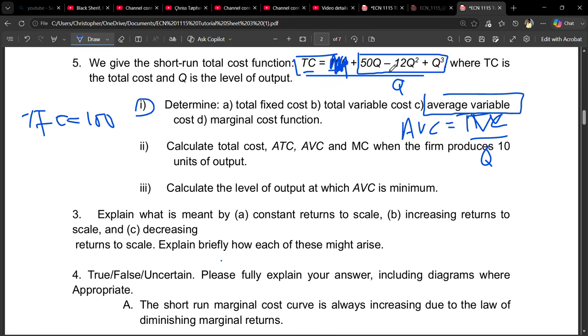We just have 50Q minus 12Q squared, just like that. So we cancel the Q, and you're going to remain with 50 minus 20Q plus Q to the power 3. So this is the average variable cost.